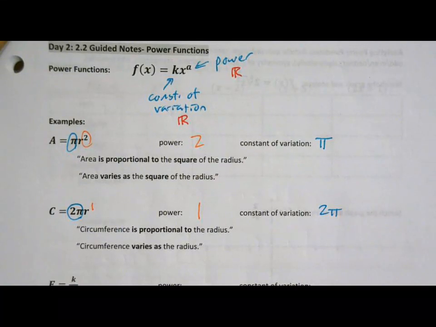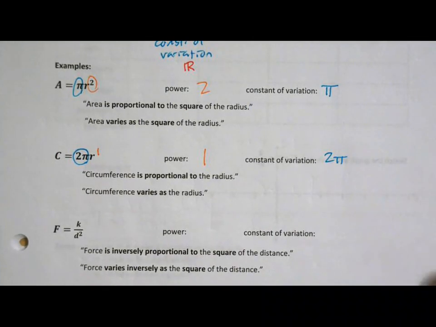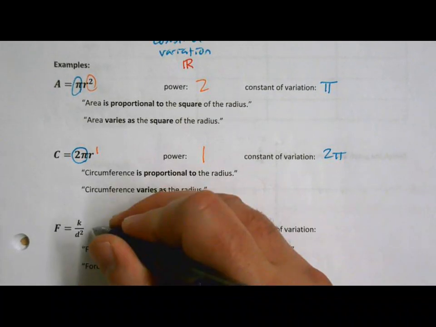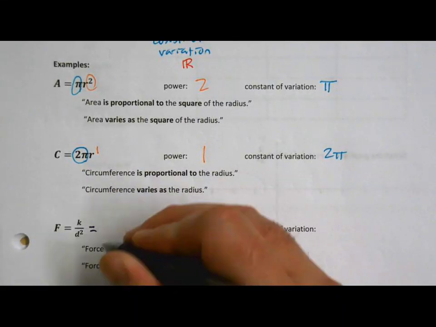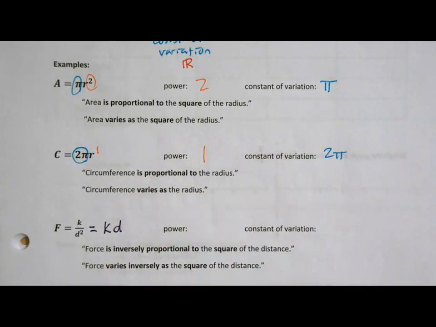All right. Okay, this next one's a little bit tricky too because it's not written in the form of a power function. I'm going to force it into that format. Let's review some exponent rules here. If I wanted to write this as k times d to a power, what power would be equivalent to having a d squared in the denominator?